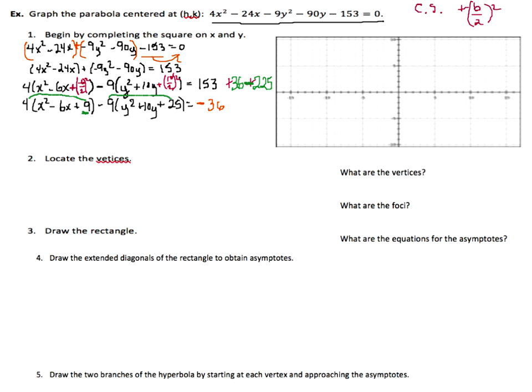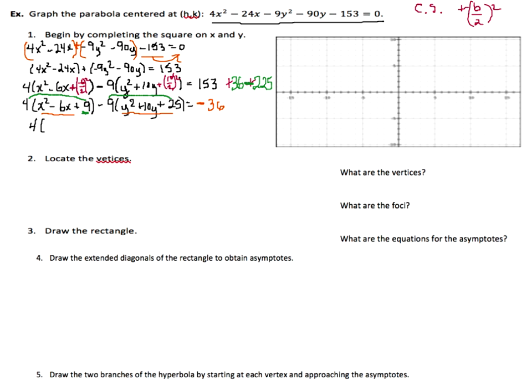All right, so now, since I can write these as perfect square trinomials, I can rewrite them in their factored form, which is where we're trying to move towards with completing the square. We're trying to get it to look like that standard form of the equation for the hyperbola.